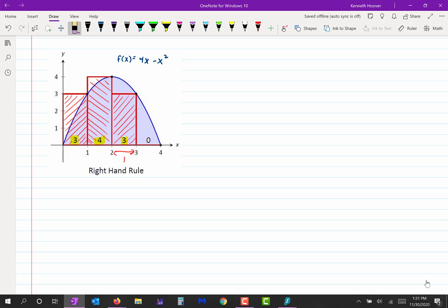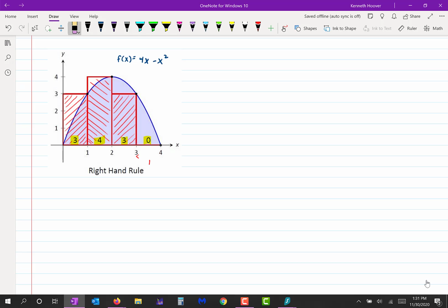Okay, and then let's go to the last rectangle, which you don't even actually hardly see. You can barely see there. The width is 1, but what's the height? The right hand end point is a 4. F of 4 is 16 minus 16, which is 0. So the height of that rectangle is 0. So the area is height times width. 0 times 1, the area is 0.